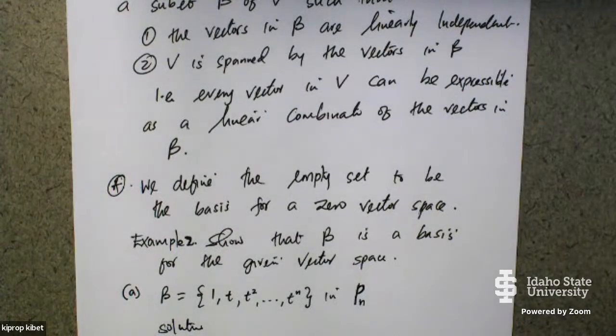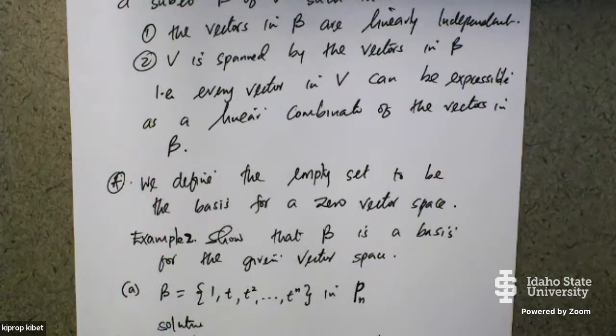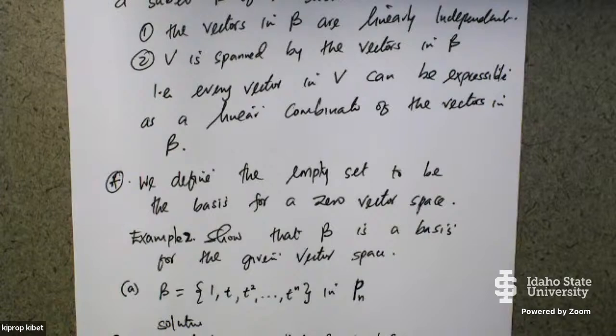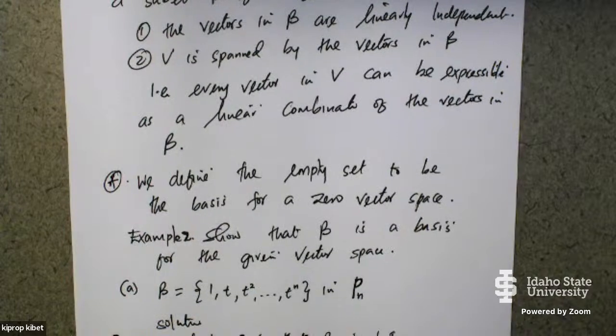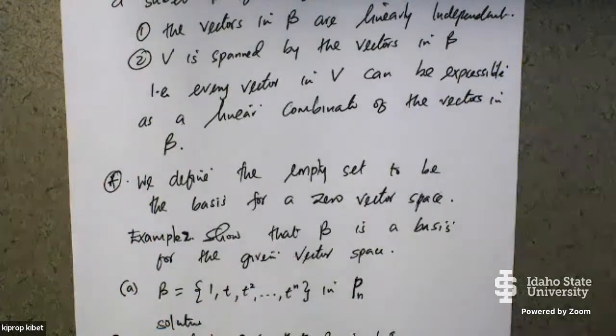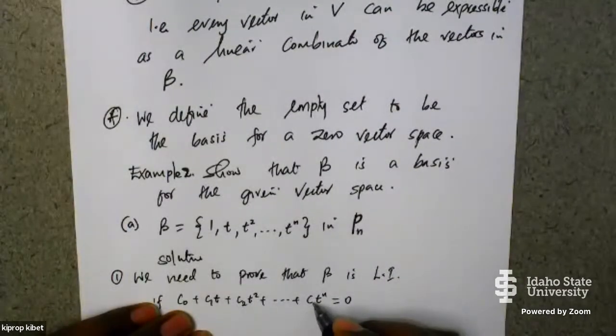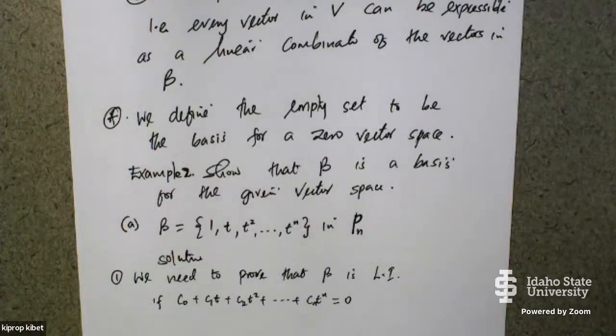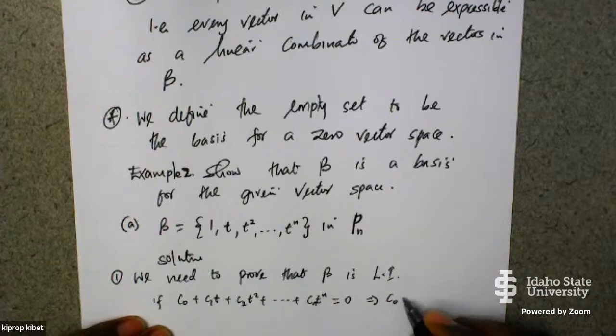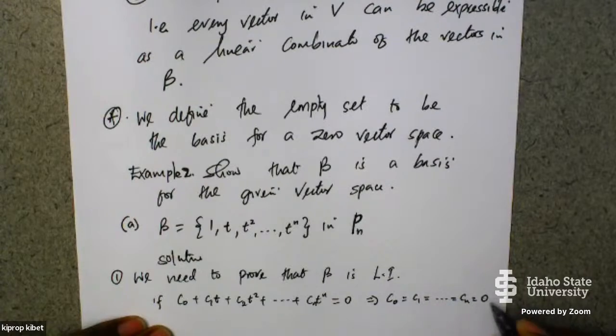If c0 plus c1 t plus c2 t squared plus all the way to cn t^n equals 0, then for this to be linearly independent, c0 equals c1 equals cn equals 0.